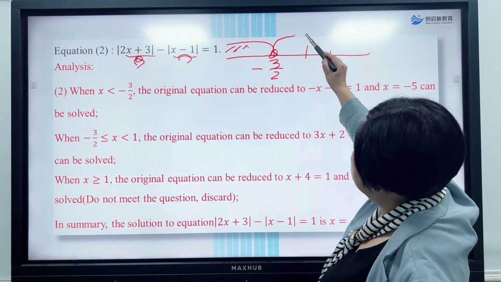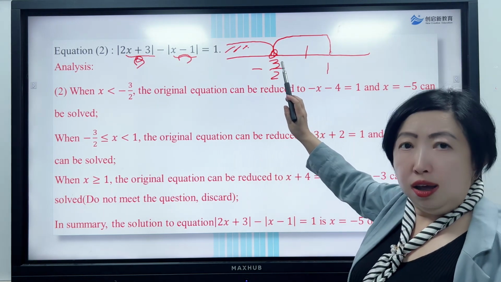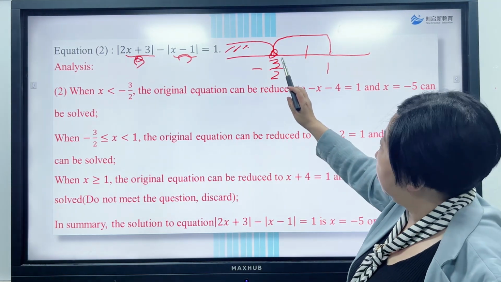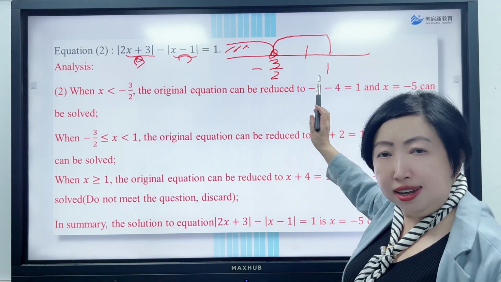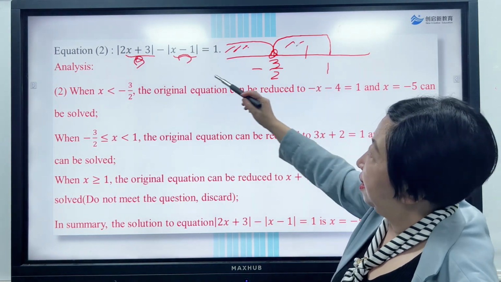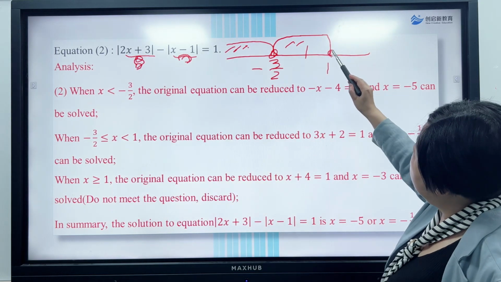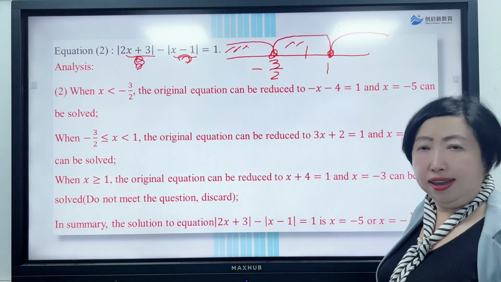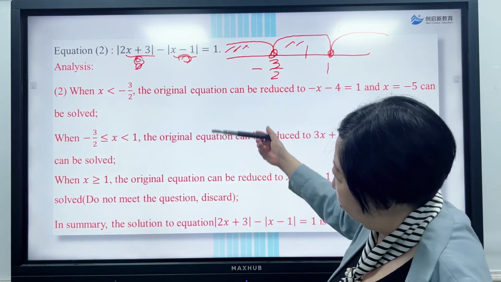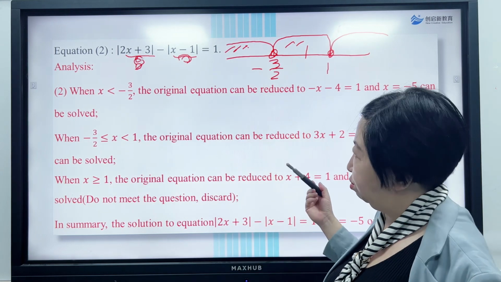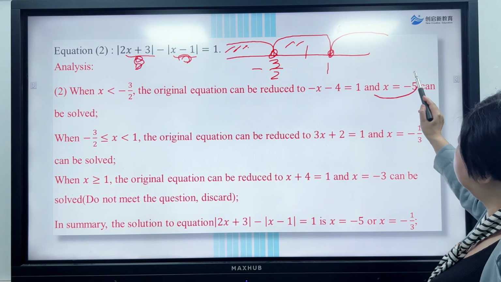If x is bigger than negative 3 over 2 but less than 1, here is positive but here is negative. And if x is bigger than 1, here is positive and here is positive too. So we use 3 parts to solve the question.